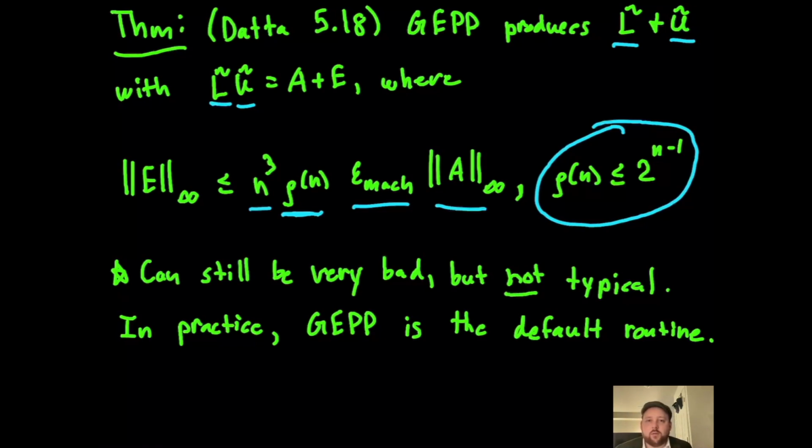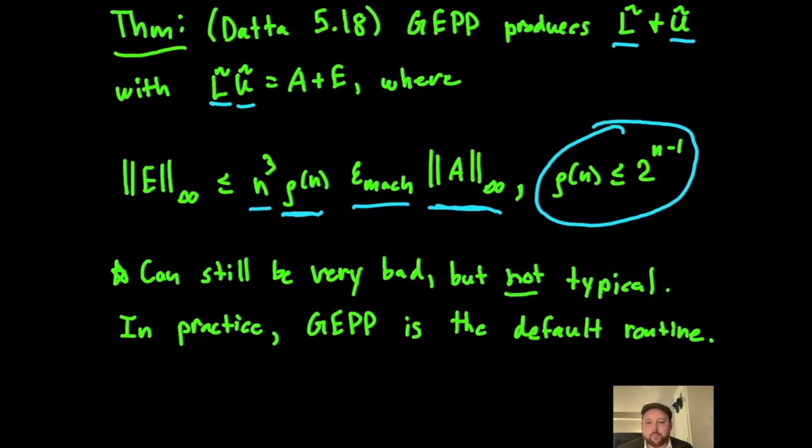So this is a good thing and a bad thing: it doesn't depend on the norms of the computed solutions, but instead it depends on something that's exponential in n. In the very worst case scenario, our growth factor could be as big as 2 to the power of n minus 1.